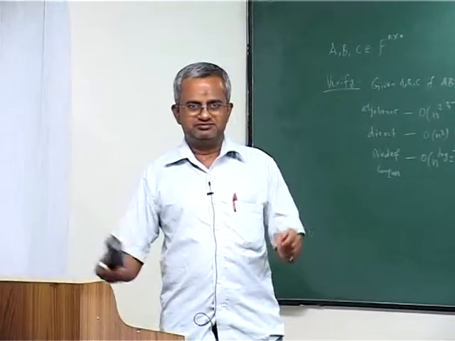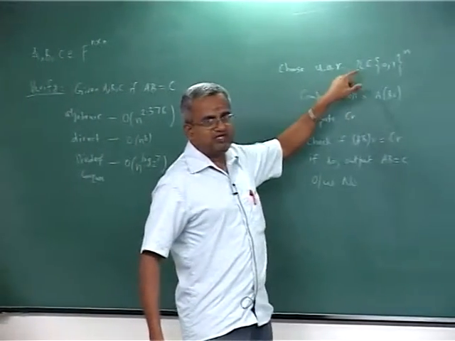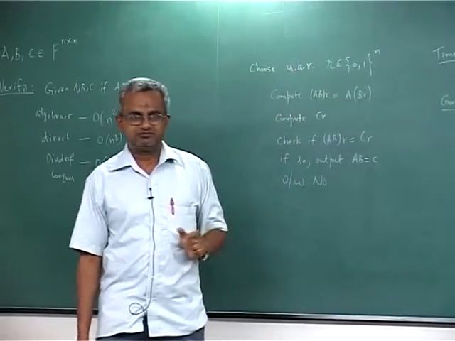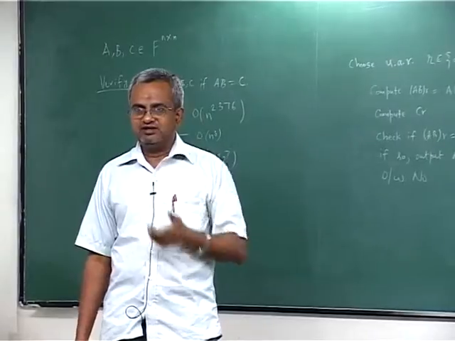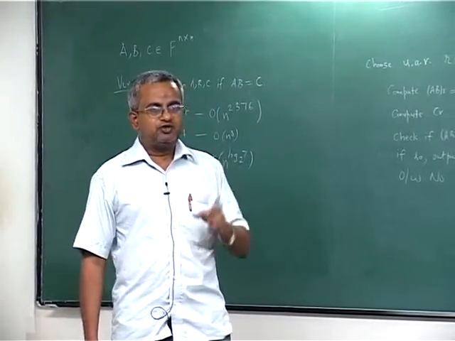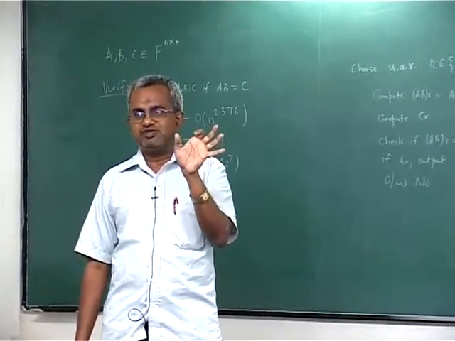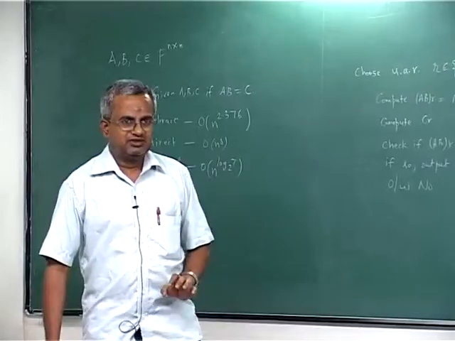How many choices are there for R? 2 power n. It is an n vector where each of the entries can take either 0 or 1. So, you are looking at one possibility, the 0 vector, among 2 power n vectors. The probability of that happening is very, very low.